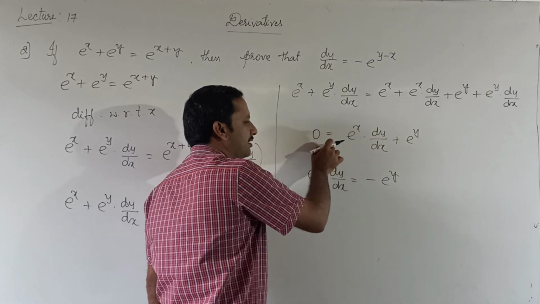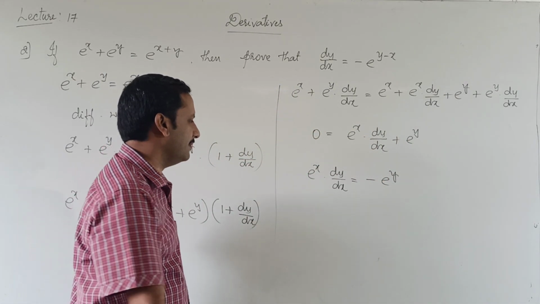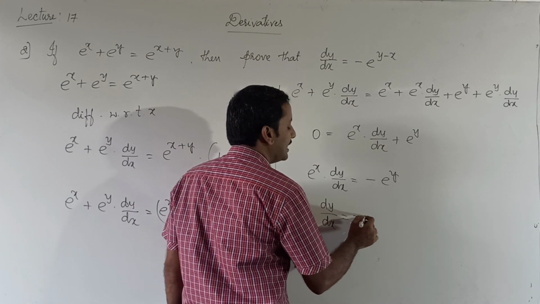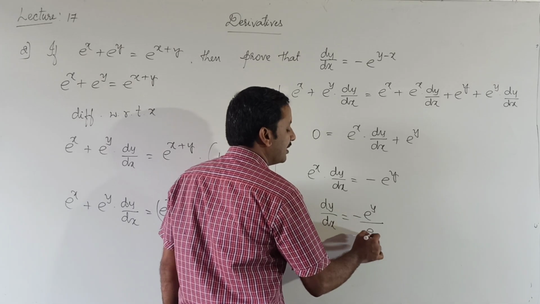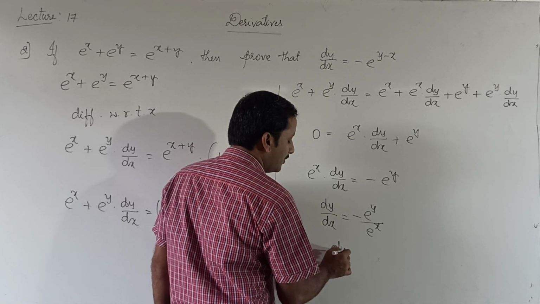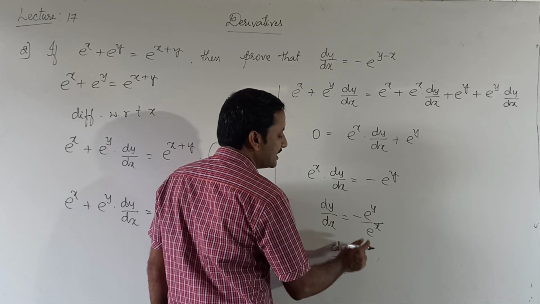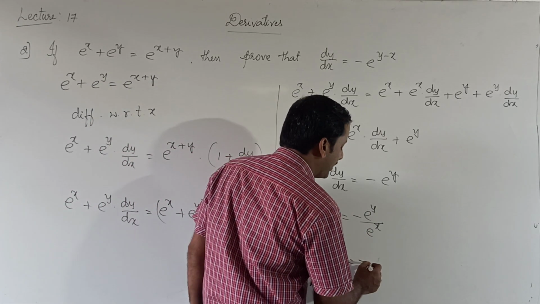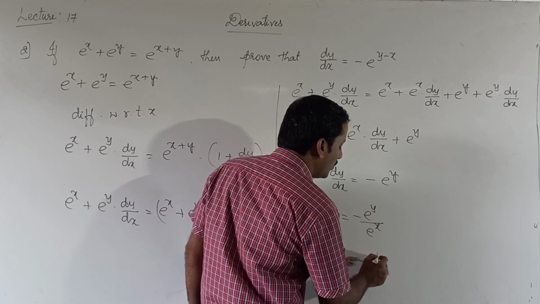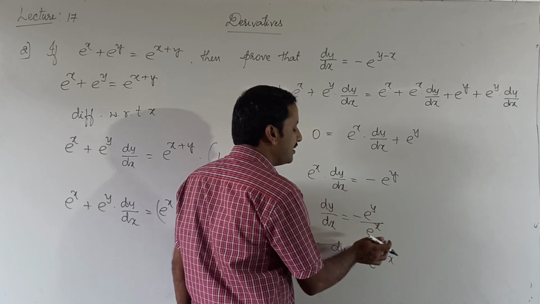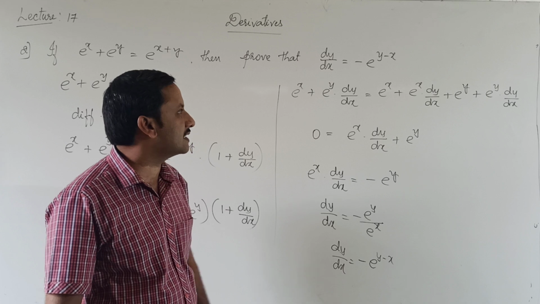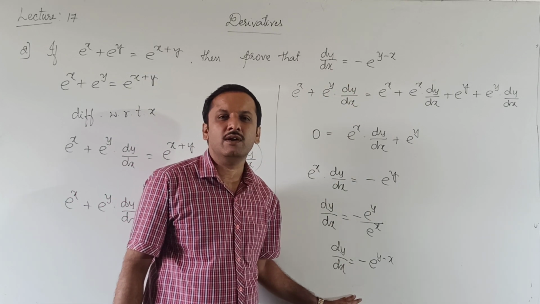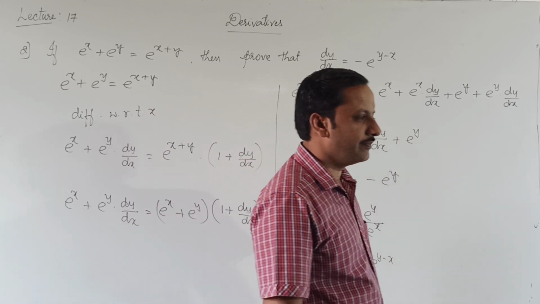I am bringing e^y to the LHS, so minus e^y. So dy/dx is equal to minus e^y divided by e^x. That can be written as minus e^(y-x), since e^y by e^x is equal to e^(y-x). That's what we want: dy/dx is equal to minus e^(y-x). Okay.